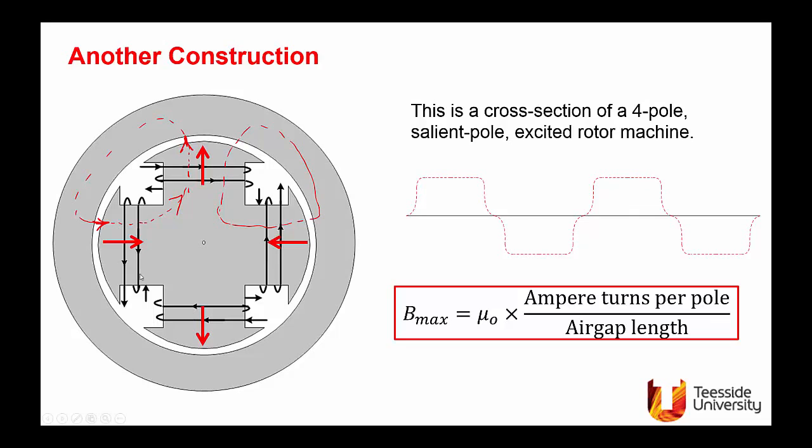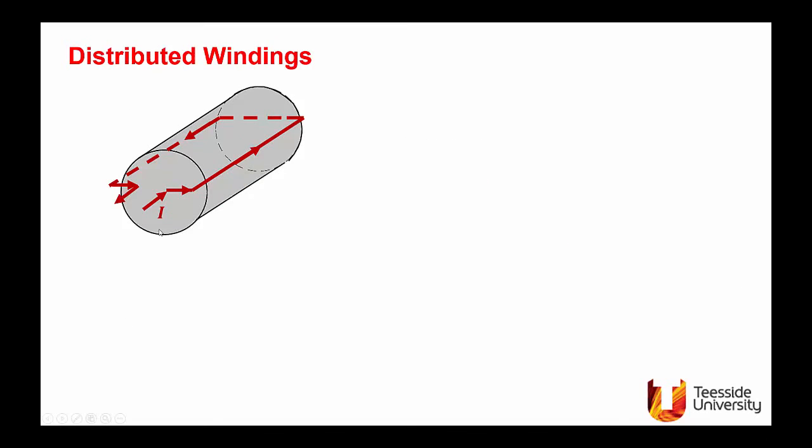So the other type of construction that appears in electric machines is the distributed winding. It can be introduced by considering this cylinder, which has one coil side going this way, the other coming the other side. If this is the direction of the current, then the flux will be upward.